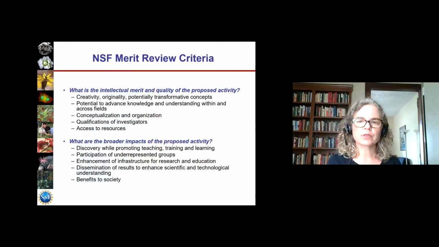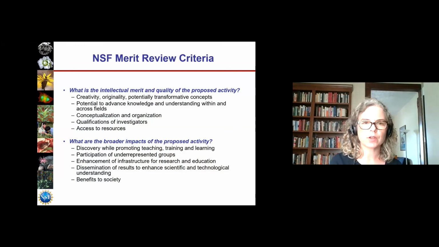NSF judges all of those proposals that come into us on 2 main criteria: intellectual merit and broader impacts. My colleagues from the GRFP program will talk more about what that specifically means within the context of the fellowship application.